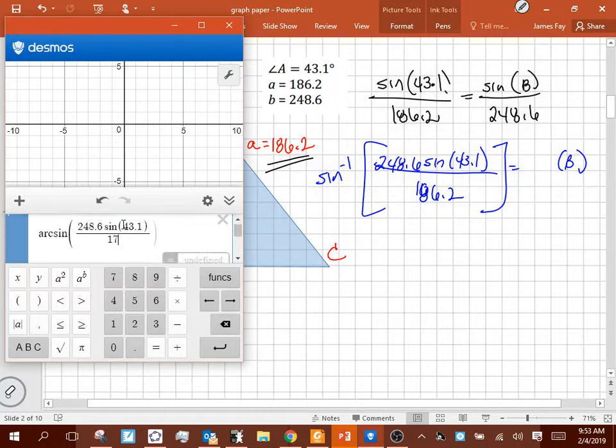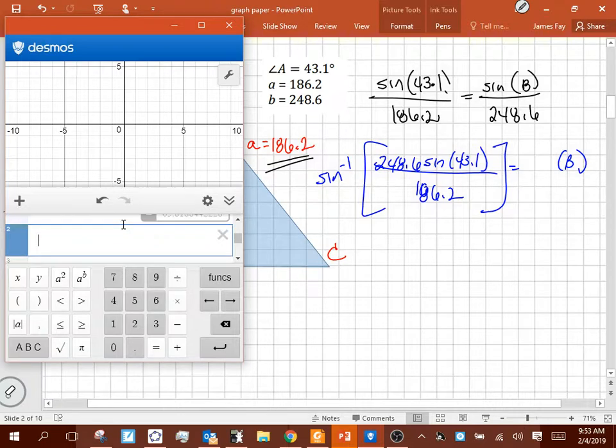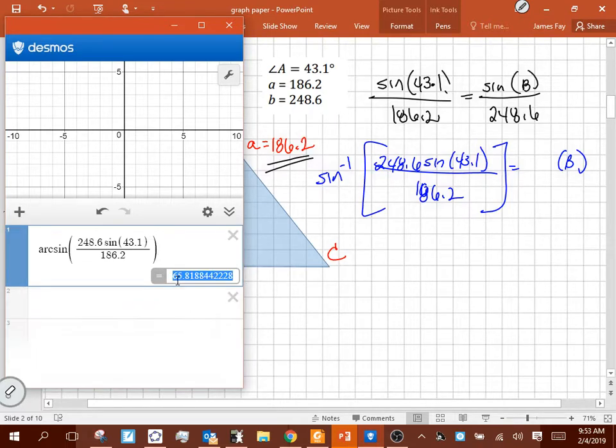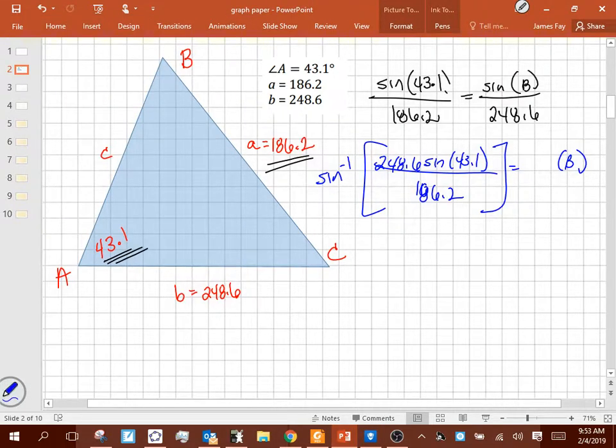I'll divide that by 186.2. So if you see there, it gives me 65.8188. And that was angle B. Okay? So here's the question.